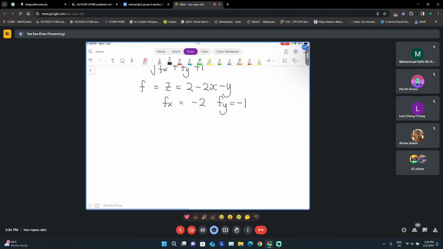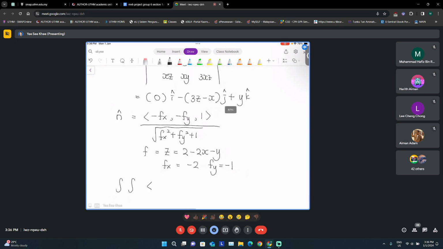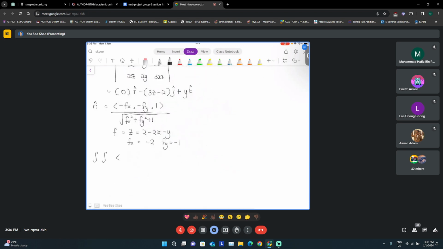Last, we can combine them. Do the double integral. So we have the curl of F, which is 0, -3z plus x, y, dot product with the n.